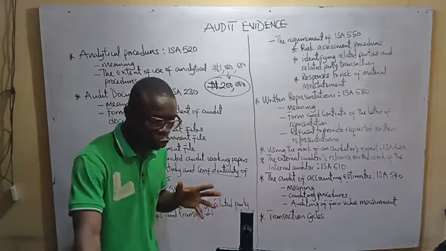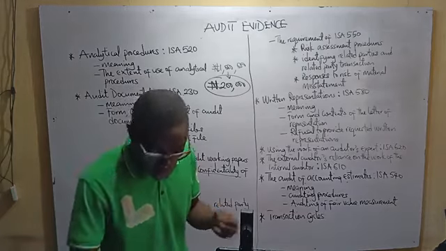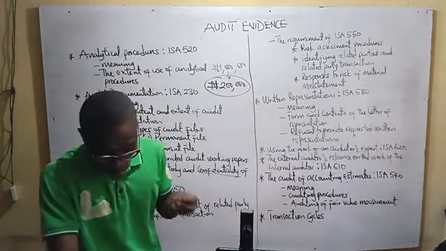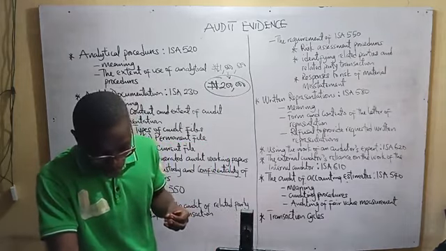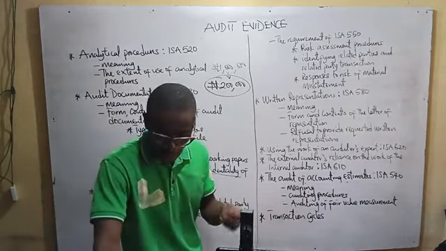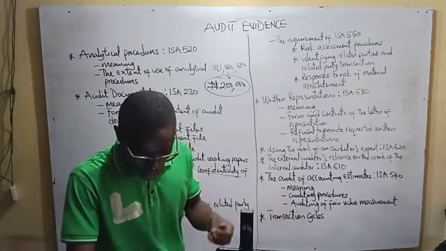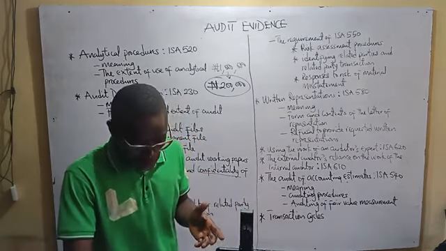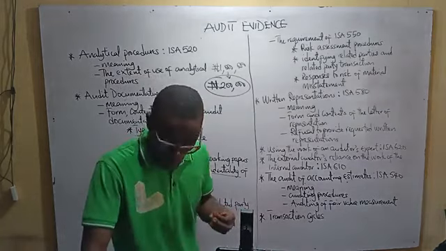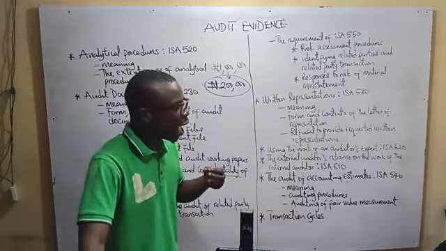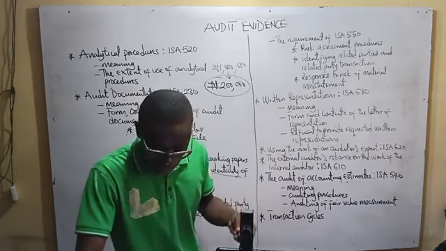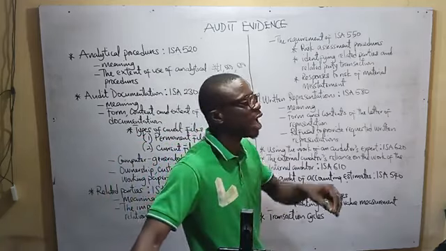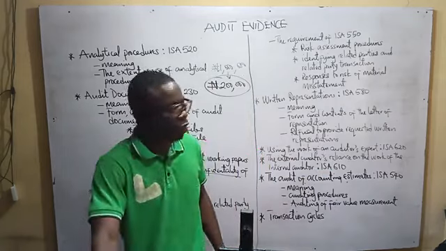The auditor will also look at how the management identifies the transaction or event. He will look at what transaction and what event the management used in determining the accounting estimate for that transaction.